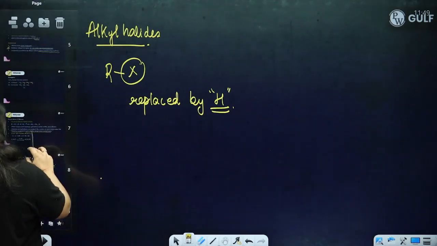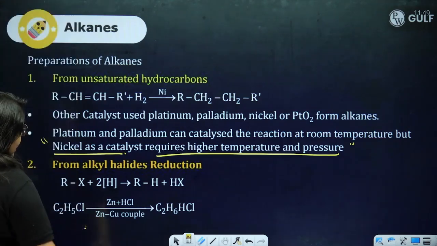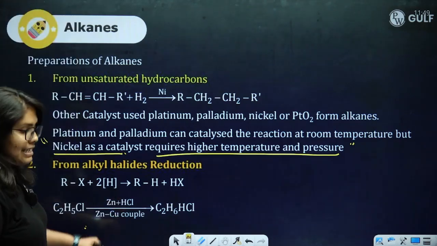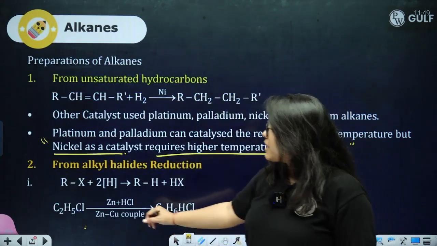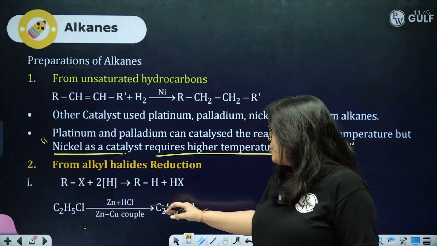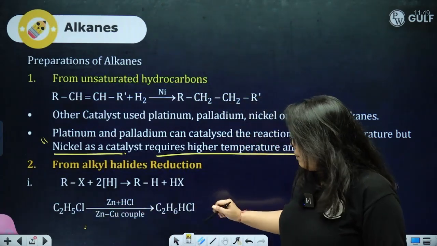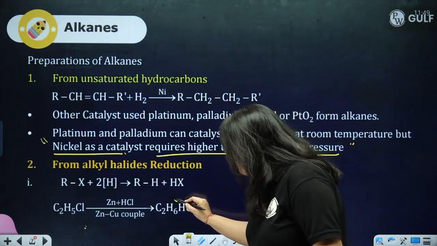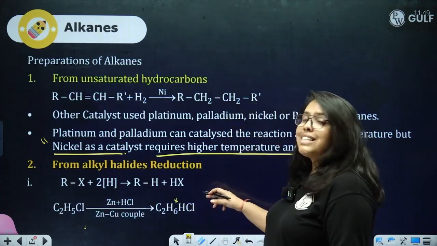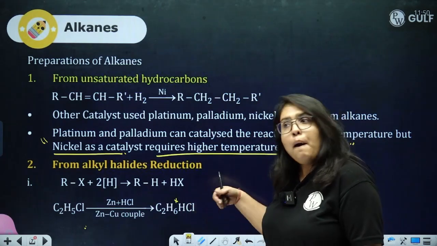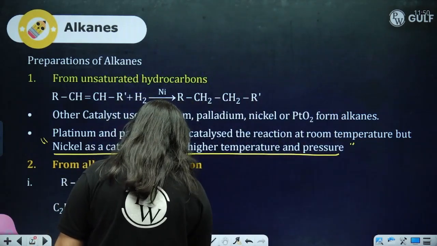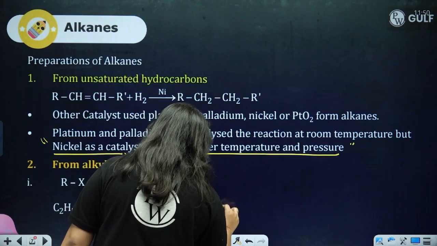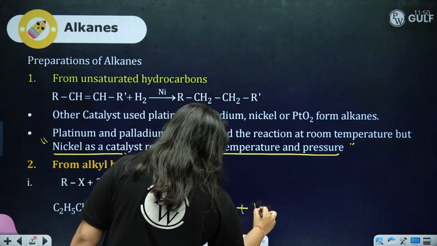and that is exactly what happens over here in the presence of zinc plus HCl. When zinc along with HCl interacts with alkyl halide, what you get is alkane plus hydrogen chloride. I would like to write it over here, that is C2H6 plus HCl.